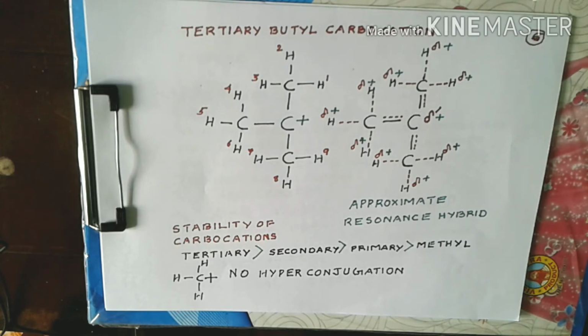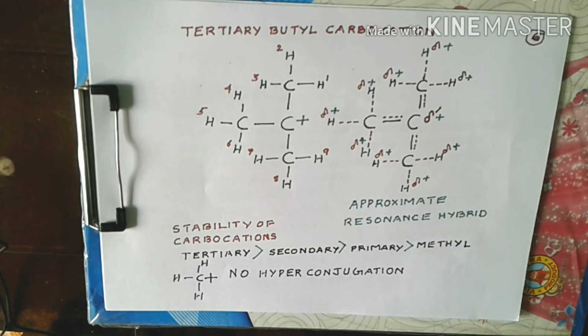So we compare ethyl carbocation, which is a primary carbocation. In addition to the original carbocationic structure, we have 3 hyperconjugation canonical structures for ethyl carbocation. When we come to a secondary carbocation, that is isopropyl carbocation, we have 2 methyl groups connected. So there are 6 CH bonds alternate to the positive carbon, and hence 6 hyperconjugation canonical structures are possible.